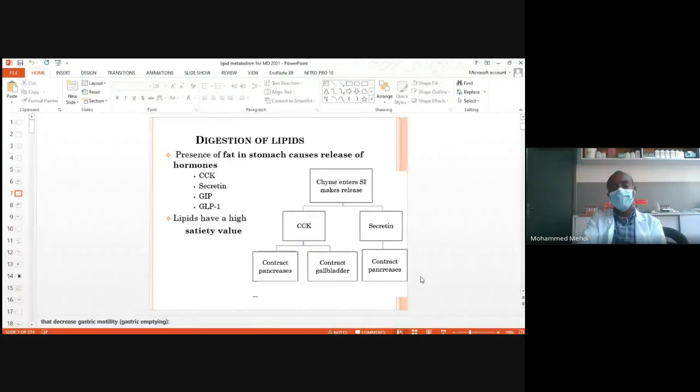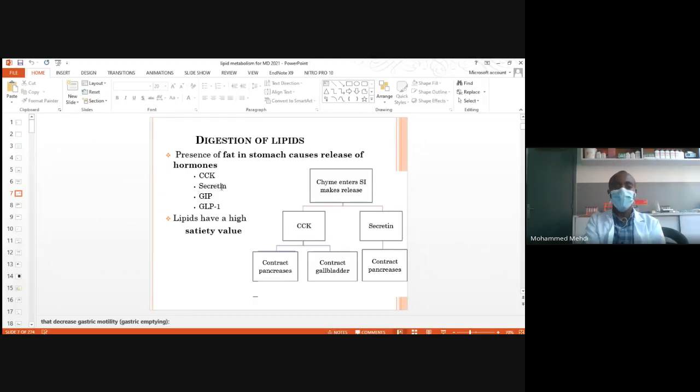So here in the stomach, whenever food or fatty food arrives in the stomach, it causes the release of different hormones like cholecystokinin. It is a hormone which stimulates the contraction of the pancreas and the gallbladder. Secretin hormone, again, stimulates the release of insulin.